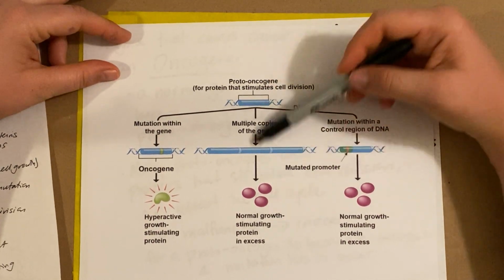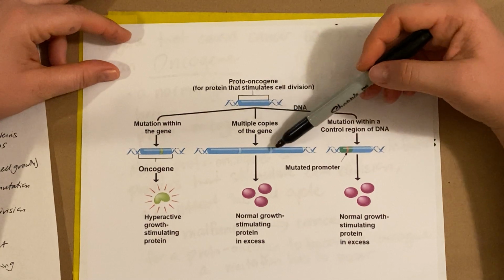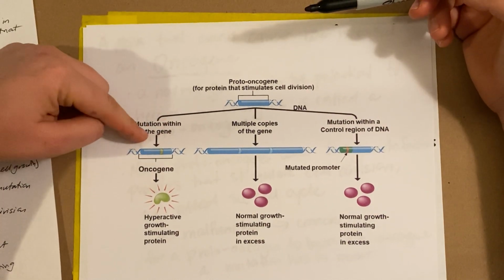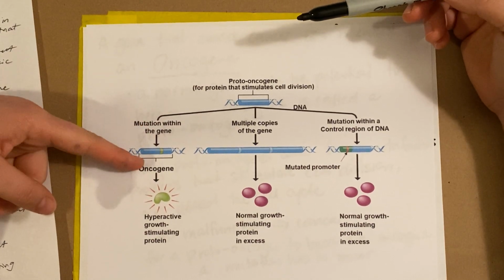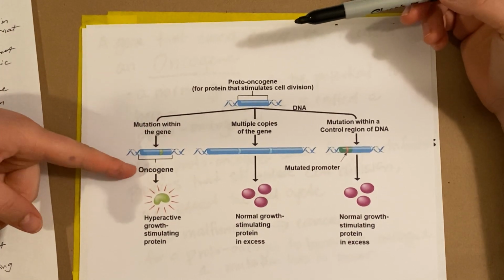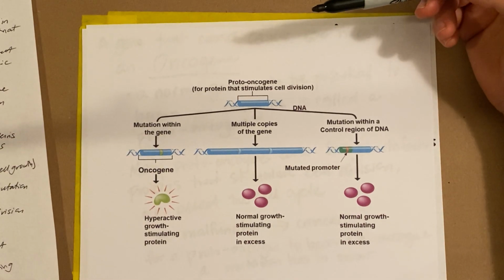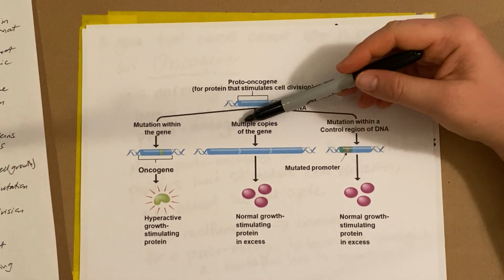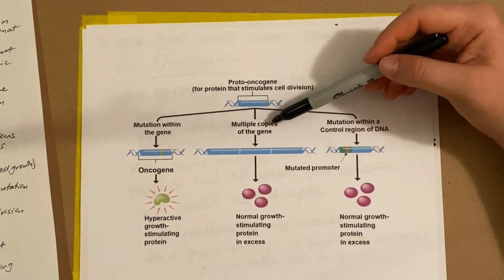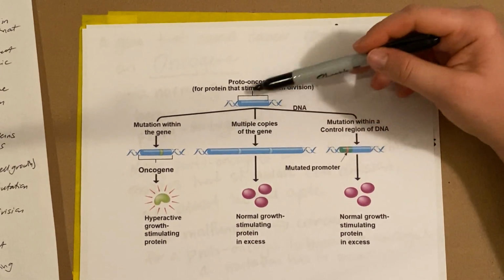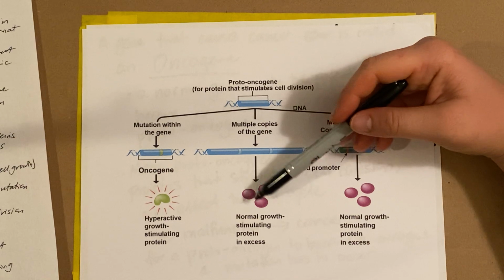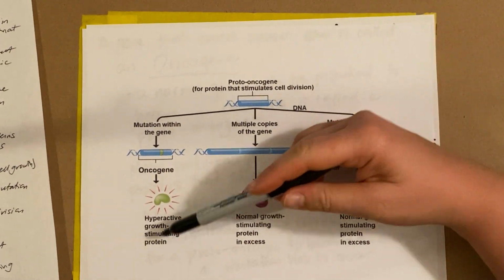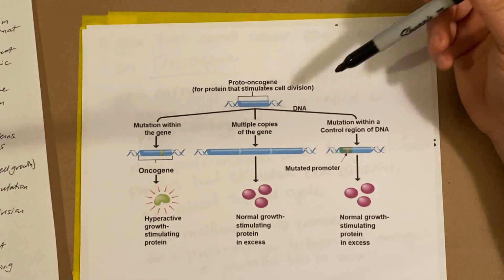And if we have a mutation within a gene, the proto-oncogene can turn into an oncogene and then have this hyperactive growth stimulating protein. If multiple copies of the gene are made, so like there should be one, but now there are 3 of them, you can have normal growth stimulating protein in excess. Okay, so not necessarily turning into an oncogene.